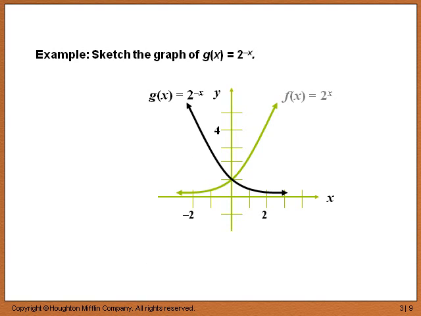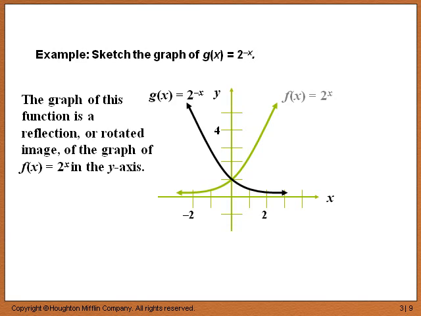Well, it looks like 2 to the negative x is very similar to 2 to the x, except that it has been rotated 180 degrees around the y-axis. And that is called a y-axis reflection, or a reflection in the y-axis. The graph of this function is a reflection, or rotated image, of the graph of f of x equals 2 to the x in the y-axis.